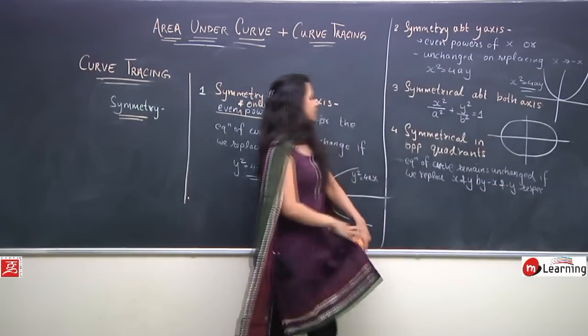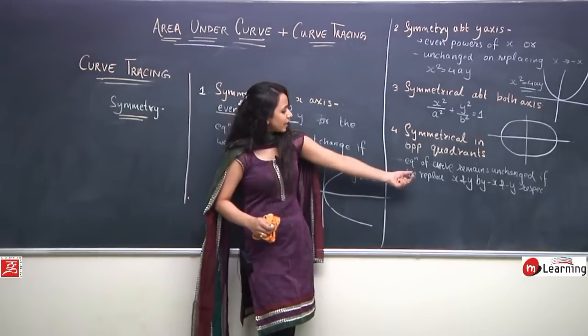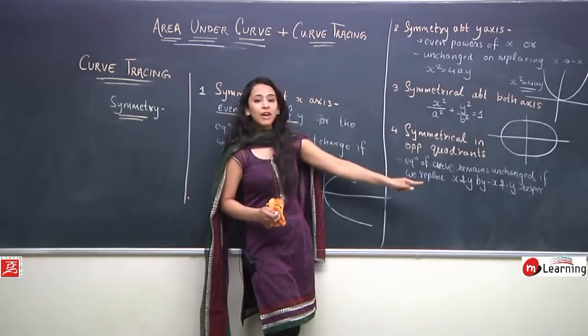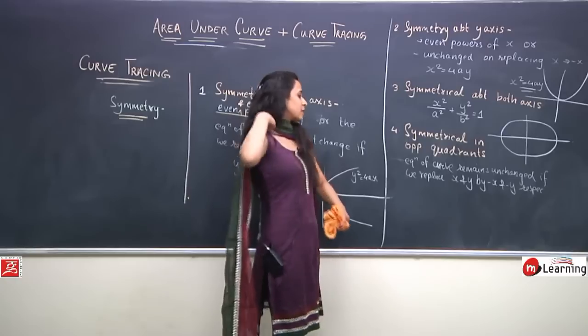So, for a curve to be symmetrical in opposite quadrants, what are the conditions? The equation of curve should remain unchanged if we replace x and y by minus x and minus y respectively.